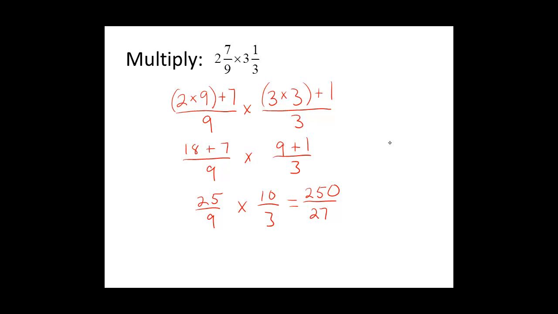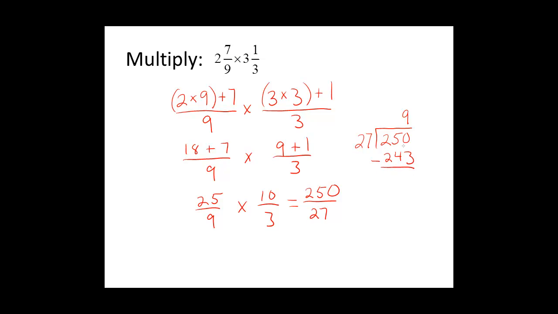We can change to a mixed number by putting the top number under the division symbol and dividing by the denominator. What times 27 is close to 250 without going over? 9 times 27 is equal to 243.